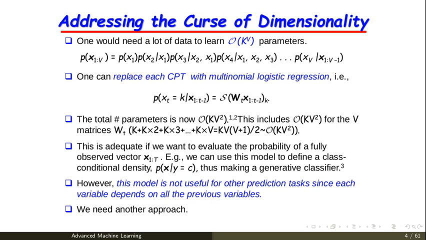In this case, you will need to compute this matrix W, and once you have it, this could be an easy problem to use in the context of classification. So we don't want to do this. What we want is something better.